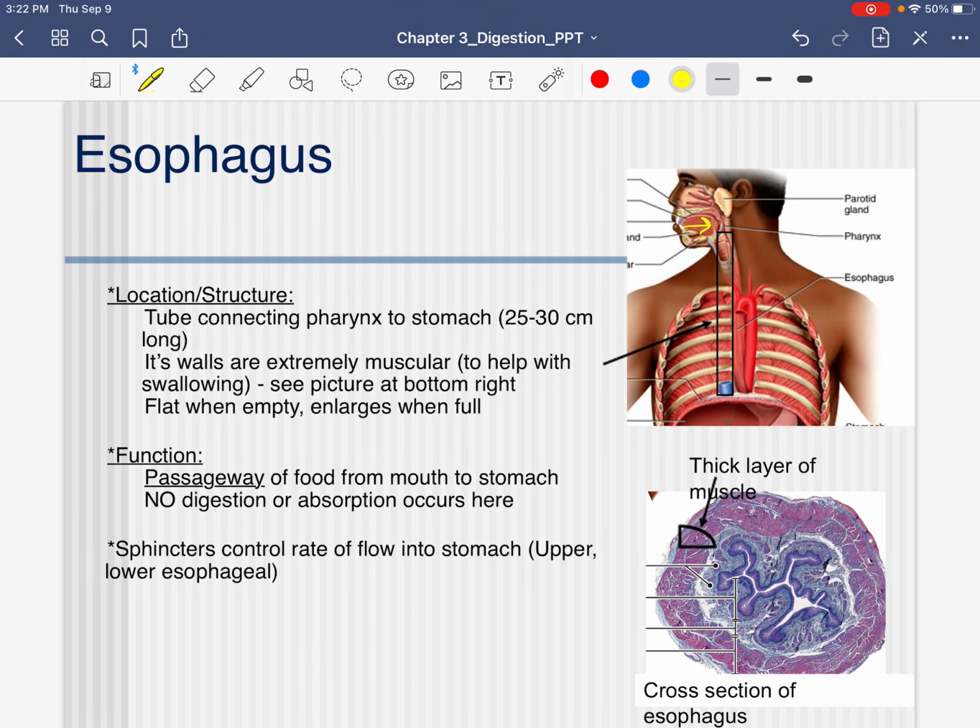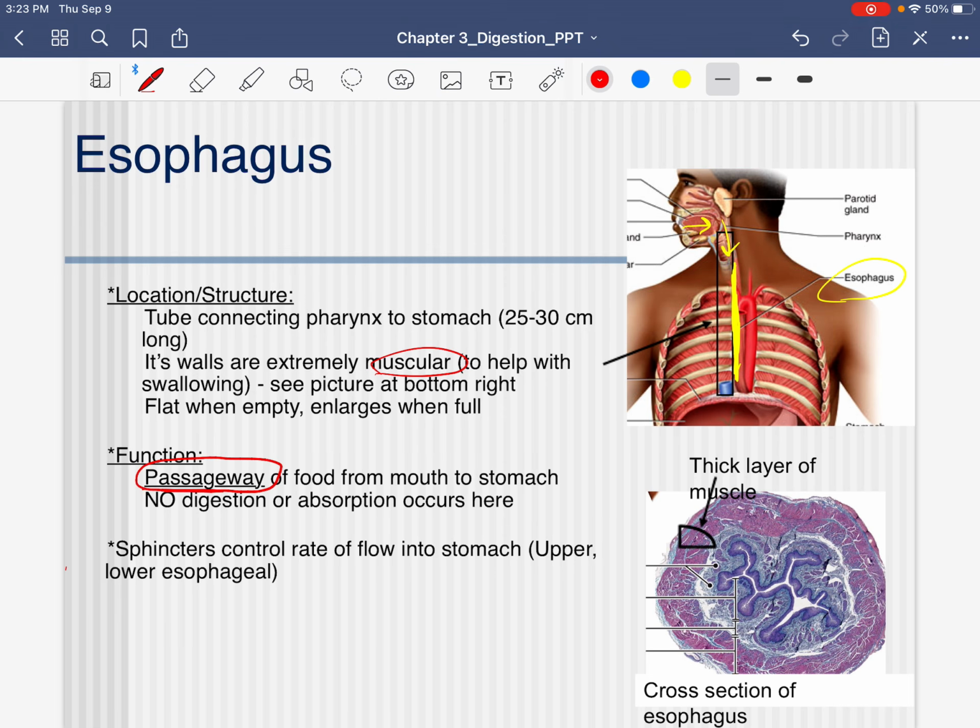All right, good stuff. Now we get down to the esophagus. So we had the mouth, then we had the pharynx, and now we're into the esophagus. Long tube. It is covered with smooth muscle. Where does it say that? It's a tube, muscular.